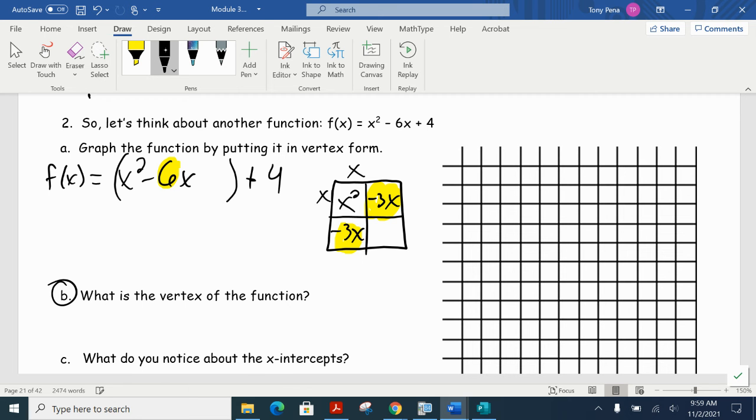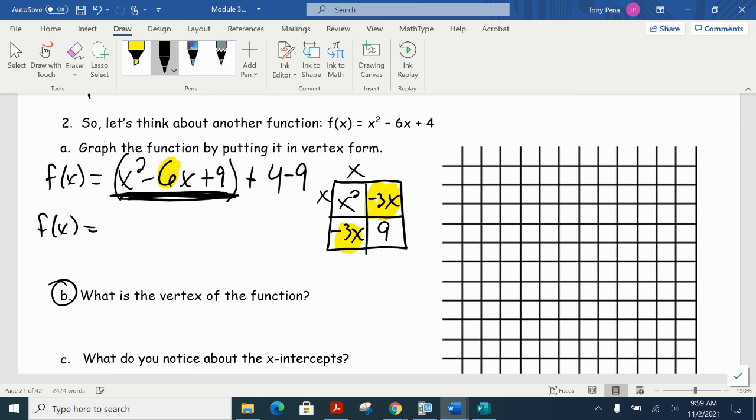All right, so then right here, to make that a perfect square, Mark, that's going to be what? Good. So that should be a positive 9. So if I now add a positive 9 right here to make this into a perfect square, I would then subtract that 9 from the 4 on the back end. We can now write this as f of x equals, and then think about what we have in our square.